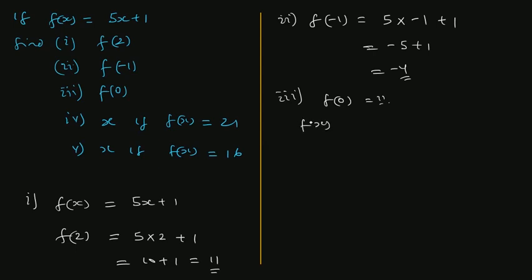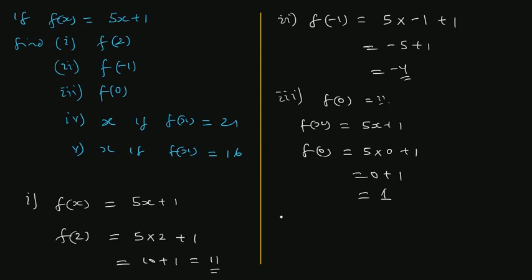Our f(x) we know is equal to 5x plus 1. It's good if you can write this before so that you don't make a mistake. So if they want f(0), where there is x we put a 0. So we have 5 times 0 plus 1, which is 0 plus 1, giving you 1.